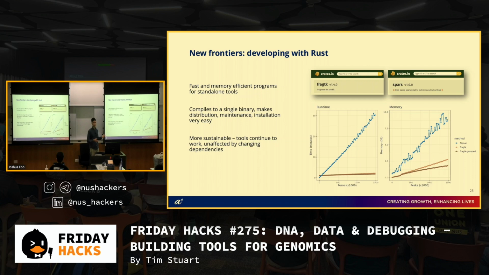I think R is still good for interactive analysis and statistics and this sort of stuff. But we have some functions to take your raw data and generate that count matrix that you start your analysis with. And so in this plot, the blue line is the old R implementation that we had, and then the brown lines at the bottom are the Rust version. And so you can see that the scalability is much better with Rust.